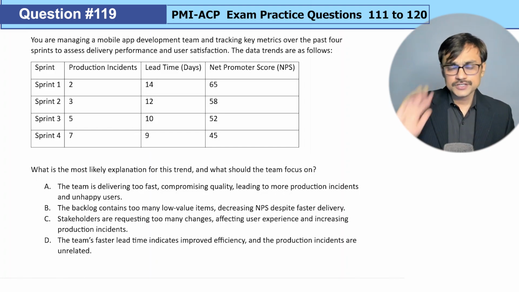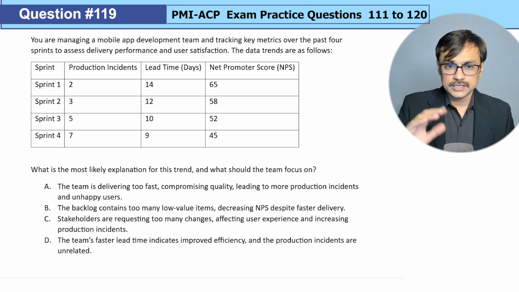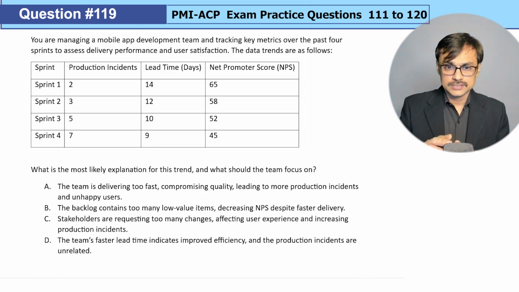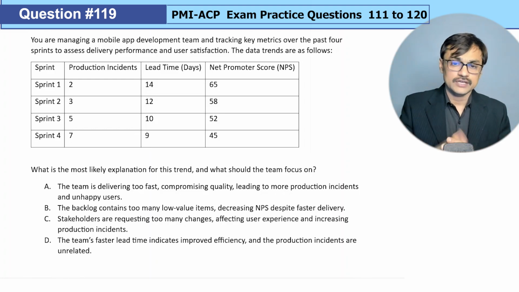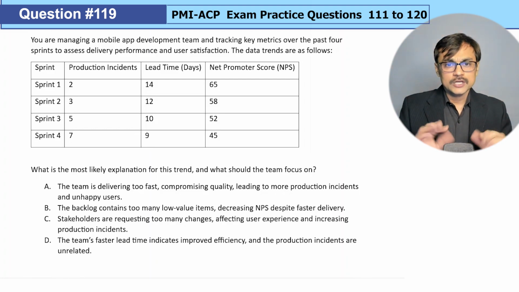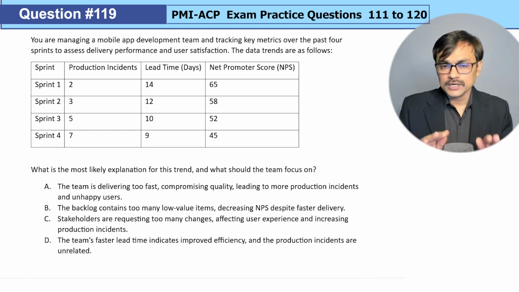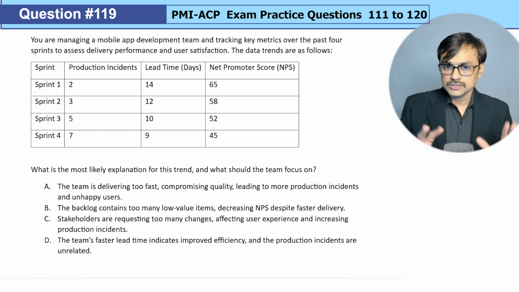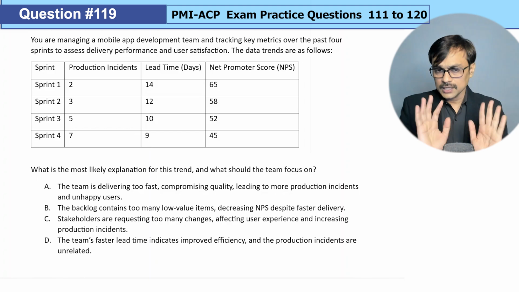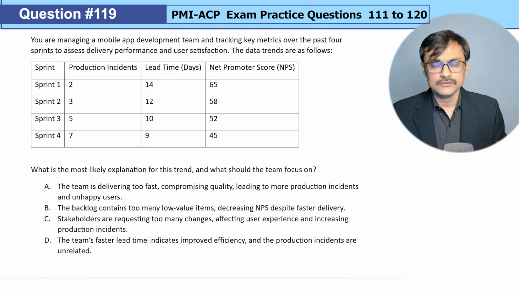So customer satisfaction is going down, delivery speed is increasing, but production incidents are also coming. In simple words, it clearly shows that you are taking a quality hit. There is some process which needs to be improved so that the quality hit does not create customer dissatisfaction. That much information can be seen easily from this data.